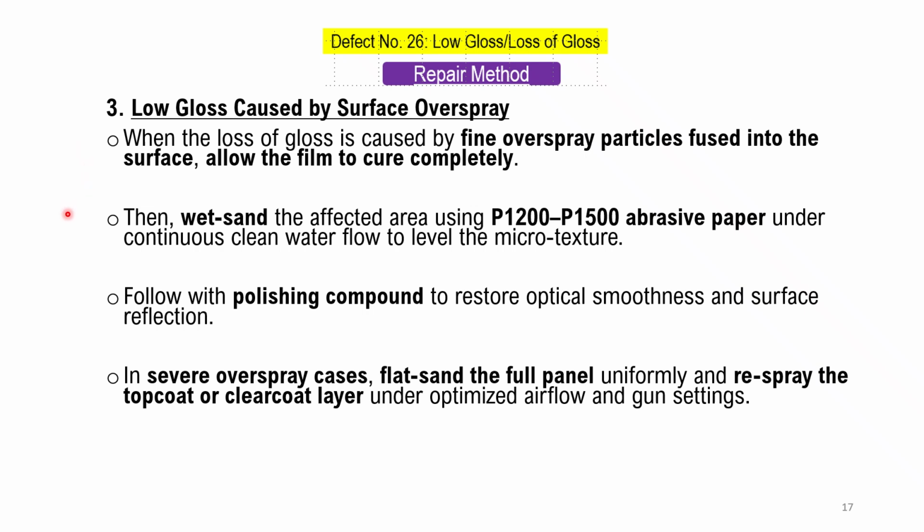Then, wet sand the affected area using P1200 to P1500 abrasive paper under continuous clean water flow to level the microstructure. Follow with polishing compound to restore optical smoothness and surface reflection.